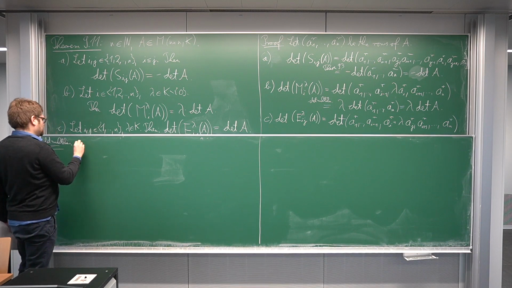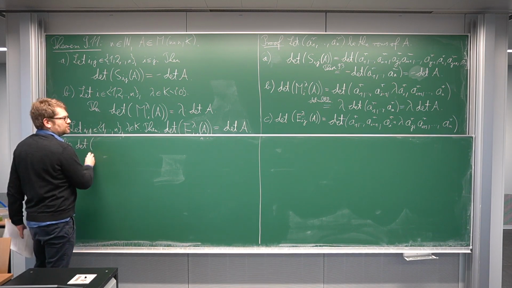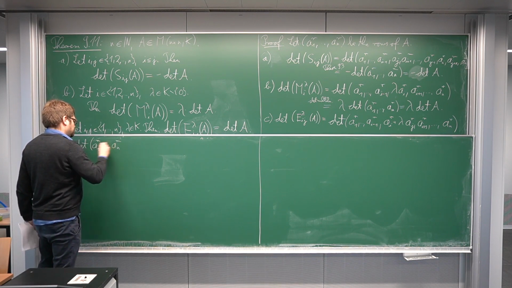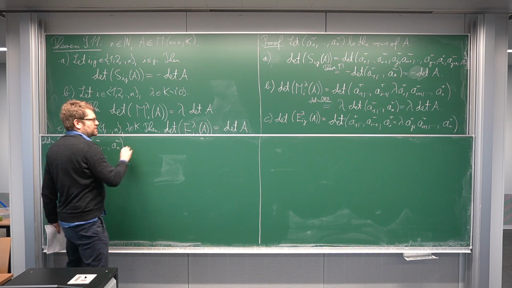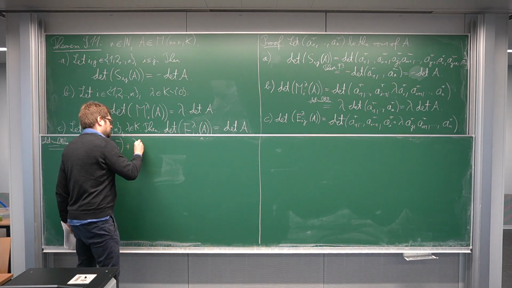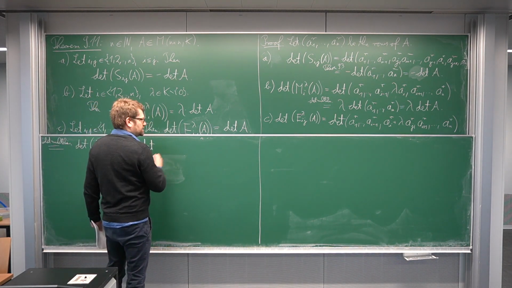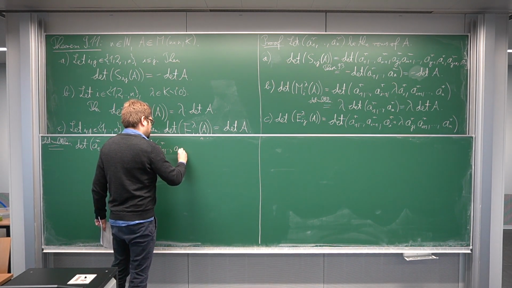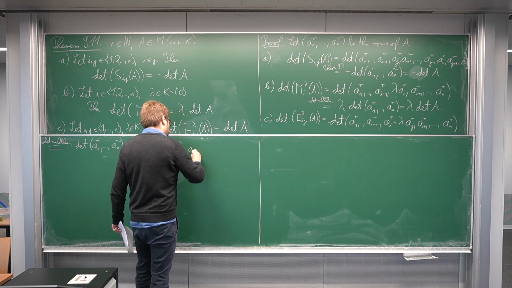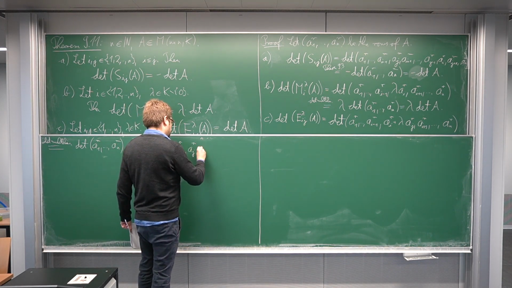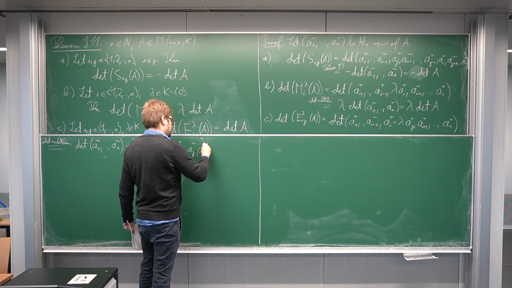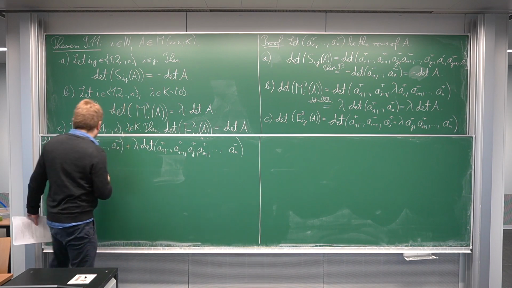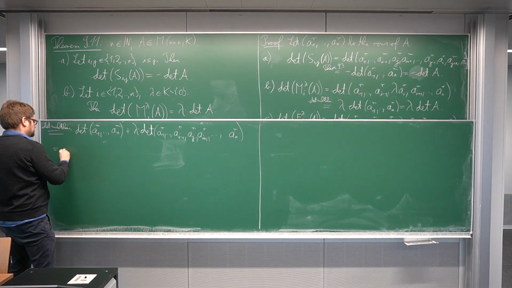So this is just first the summand, the determinant where the first rows stay as they are, a1r to anr, plus lambda times the determinant of a1r to a i minus 1 r, a j r, and a i plus 1 r and so on to a n r. But the first one is just the determinant of A.